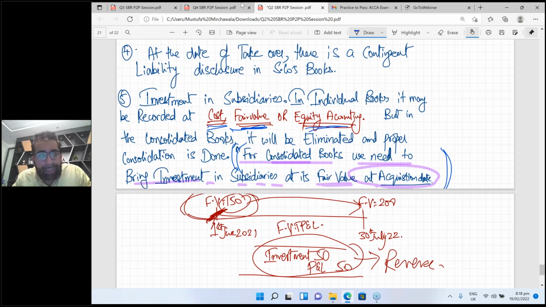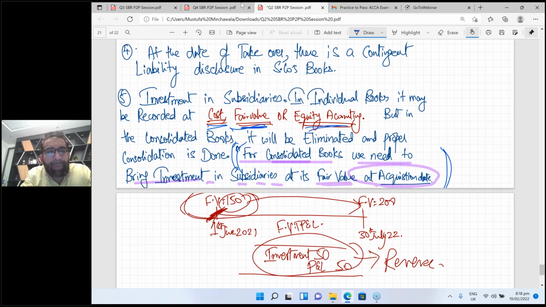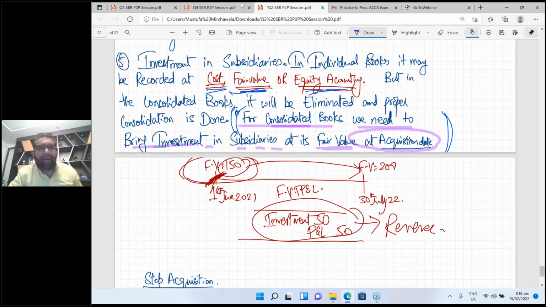For example, this is 1st January 21, and today I, the parent company, acquired subsidiary company shares for 150, and in the individual books of the parent company, I picked the fair value accounting.